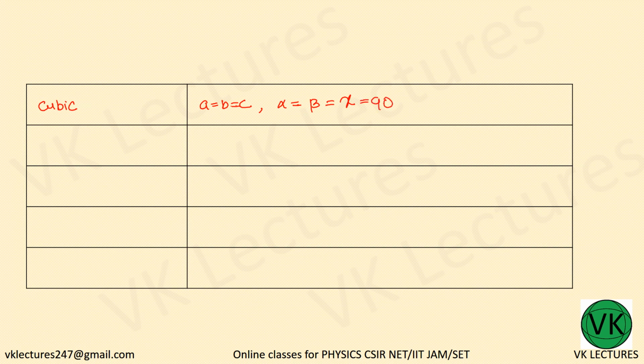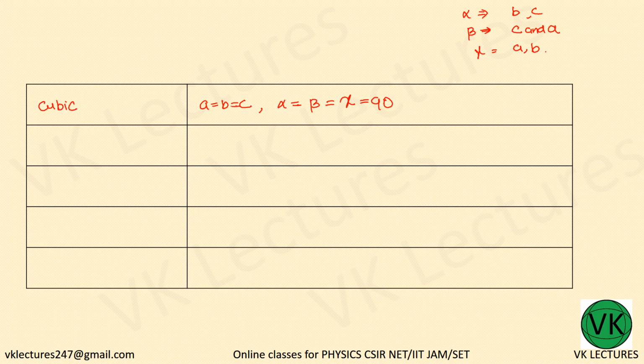Now what are alpha, beta and gamma? Let us write down here. Alpha is the angle between B and C. Beta is the angle between C and A, and gamma is between A and B.